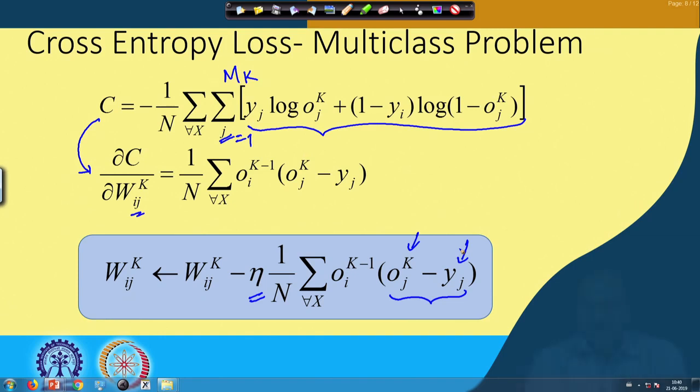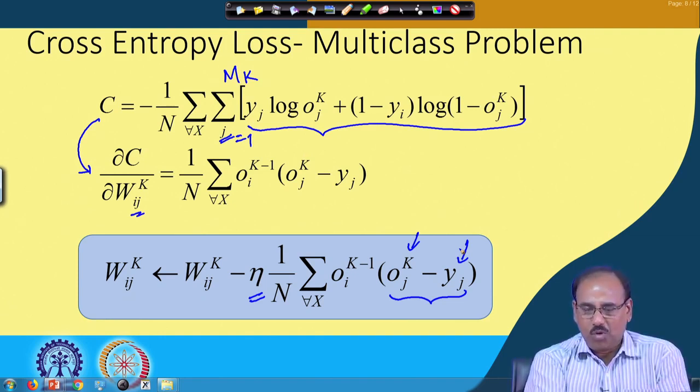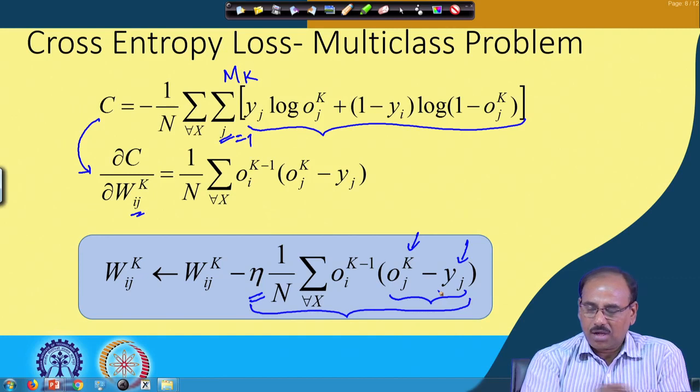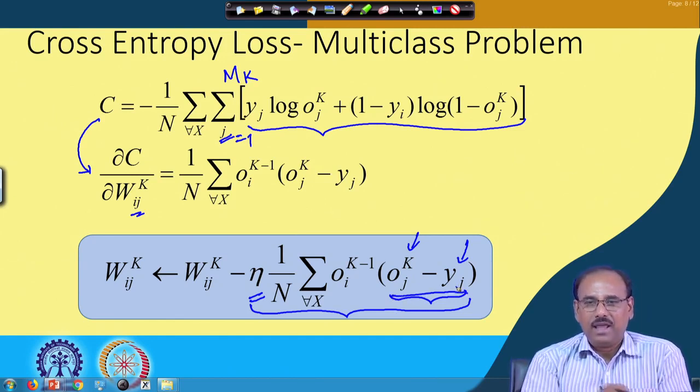If Ojk minus Yj is more, that indicates that the error is more, and your updation component, the value by which you want to update the weight, is directly proportional to Ojk minus Yj. That means, if the error is more, your rate of learning is more. If the error is less, the rate of learning is less.